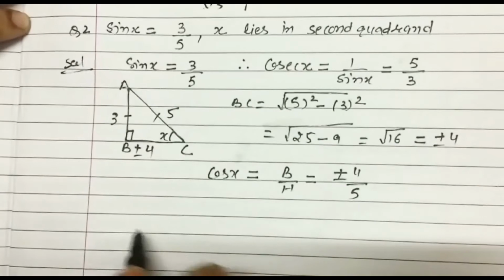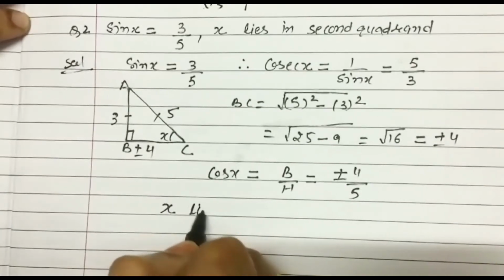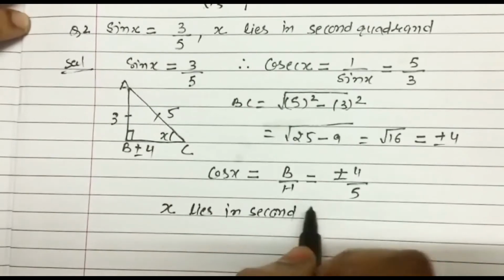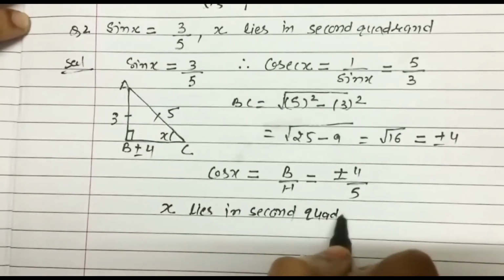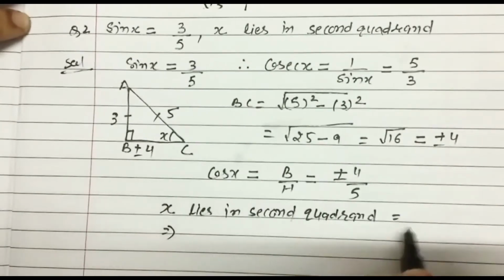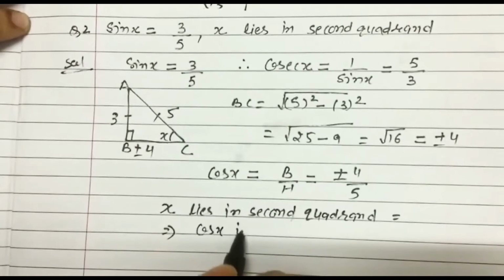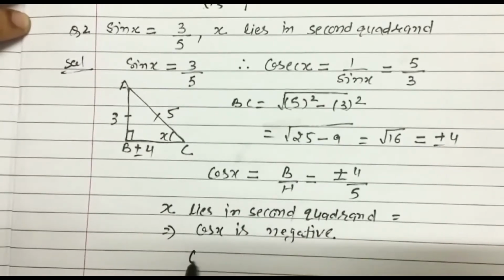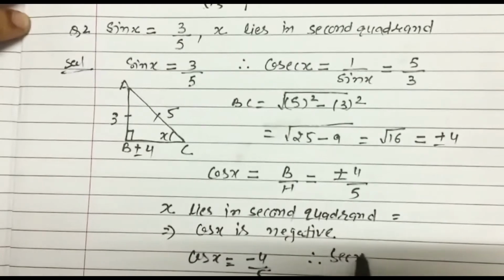Now see, x lies in the second quadrant. Therefore cos x is negative. So cos x is equal to minus 4 by 5, and sec x is minus 5 by 4. Now find tan x.